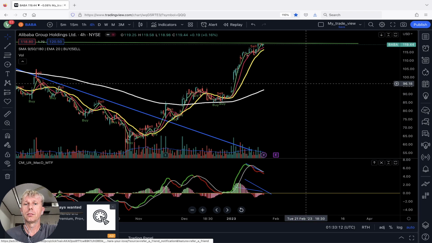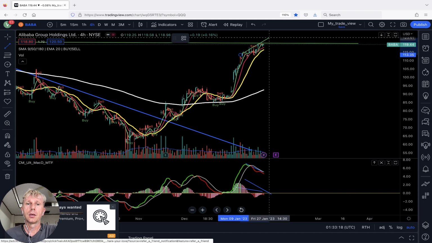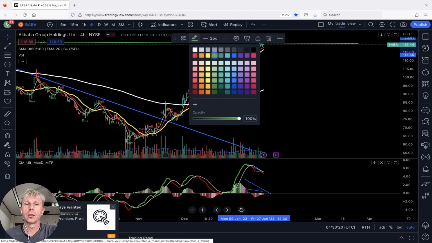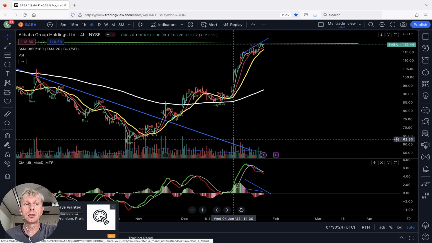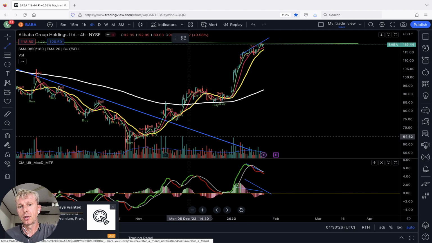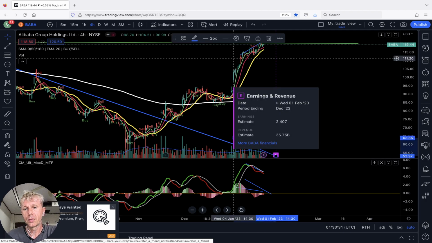What's going on with my cursor today? Price action is an uptrend and the volume is decreasing, right? Price is increasing.